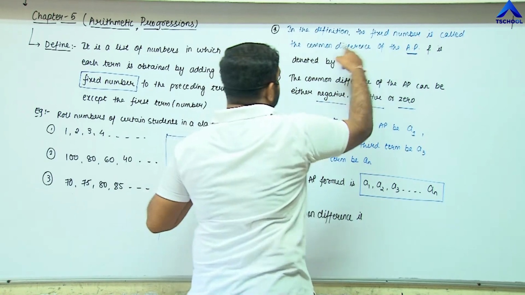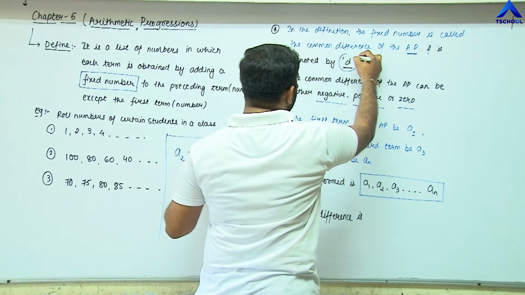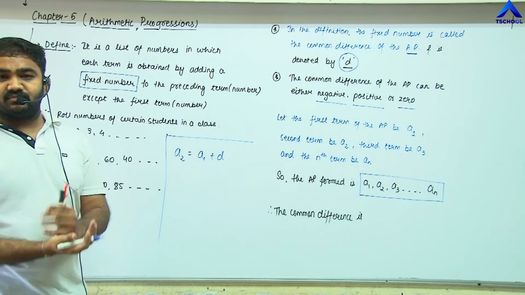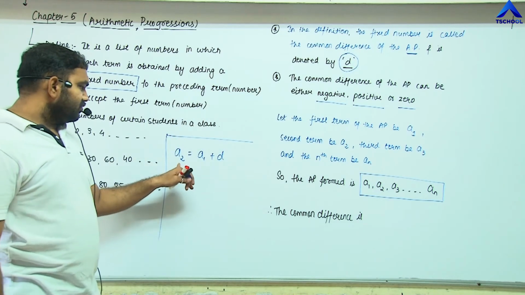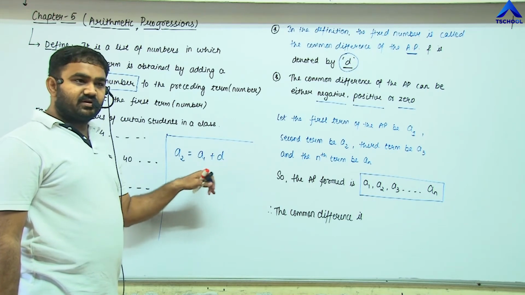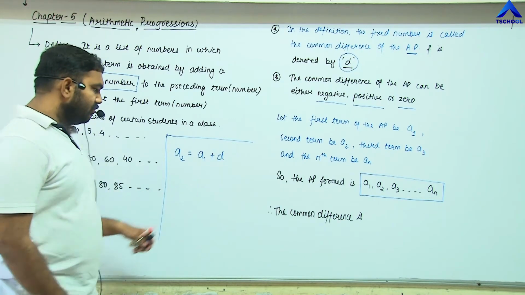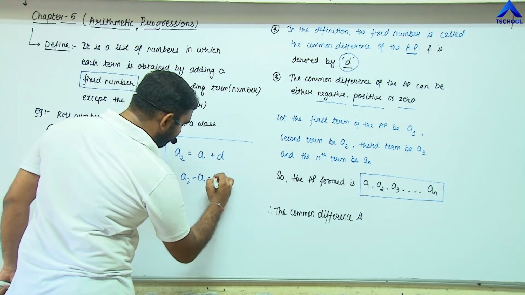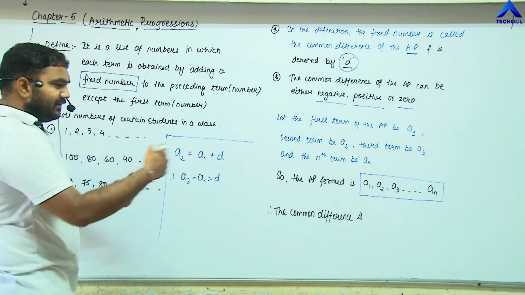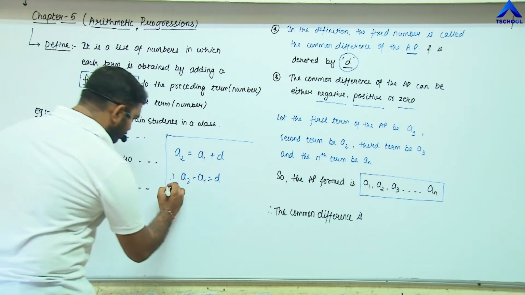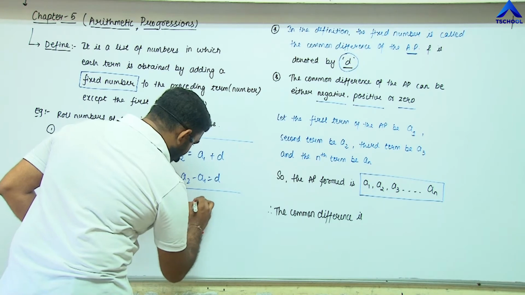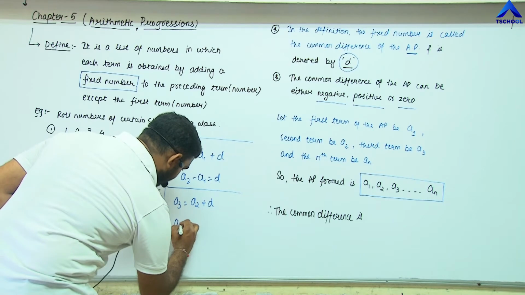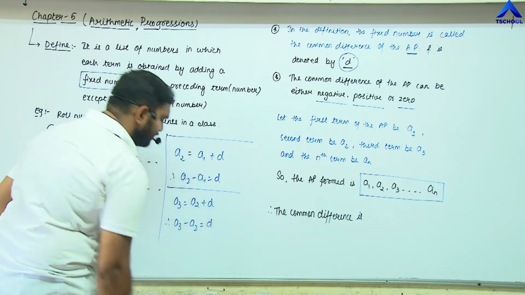This fixed number is called the common difference, which is denoted by this d. So if d is added to the first term so as to obtain the second term, then the second term is equal to the first term plus the fixed number, yes or no? Therefore a2 minus a1 is equal to d. Similarly we can also do this for the third term, that a3 is equal to a2 plus d, or you can also write a3 minus a2 is equal to d, right?